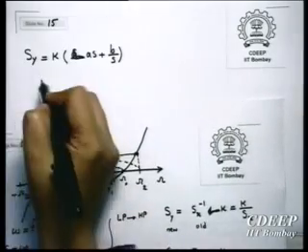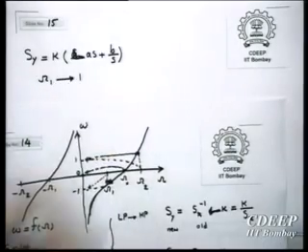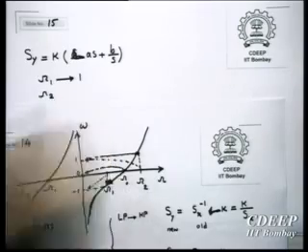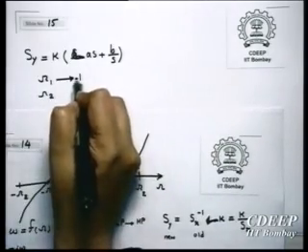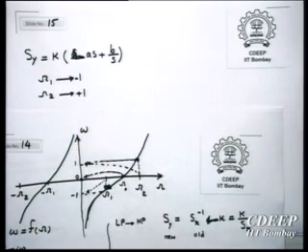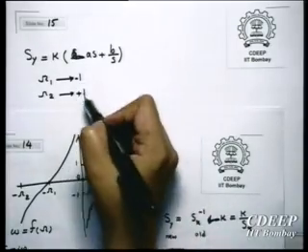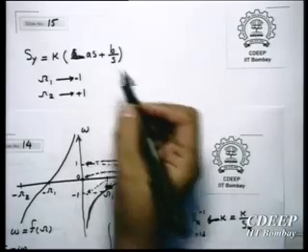So, we consider omega 1 transferred to minus 1, omega 2 to plus 1, and then what will be the omega 0? We don't transfer omega 0 to 0, it will be obtained automatically. So, we have these 2, we replace them, and we will get the values of A and B.